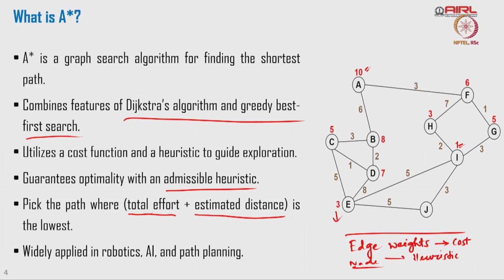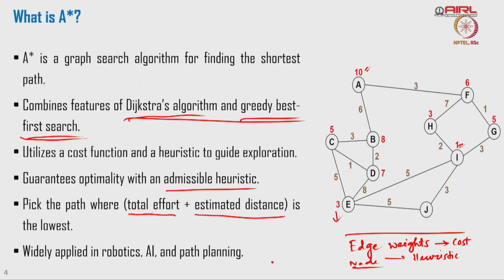So, if it is going from one node to another, then there will be some distance associated. So, it will try to minimize the distance, that means the shortest path concept is coming from Dijkstra algorithm. Then the total effort: if it goes from one node to another node, then from the second node what is the total effort required to reach the goal, that is the heuristic which is coming from the idea of greedy best first search. Okay.